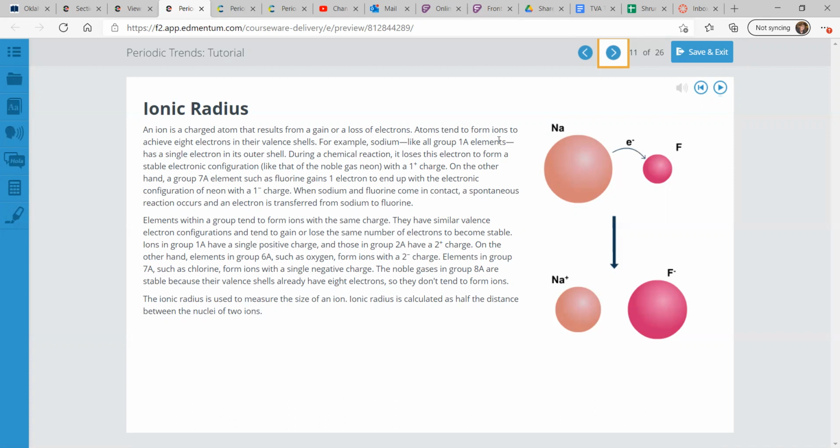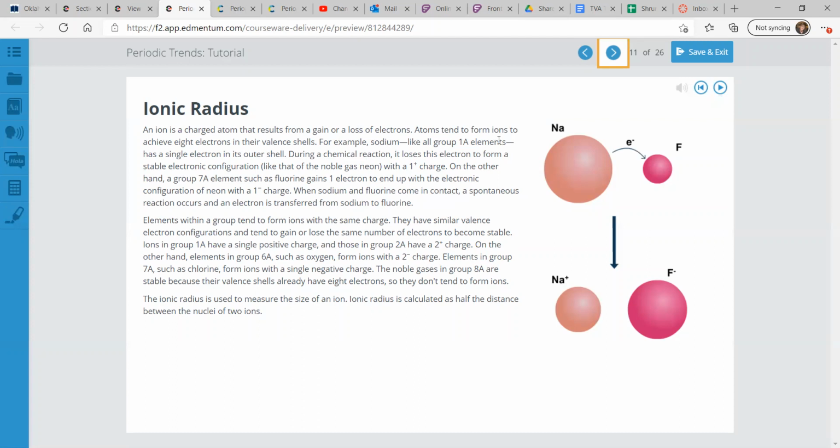On the other hand, a group 7A element, such as fluorine, gains 1 electron to end up with the electronic configuration of neon with a -1 charge. When sodium and fluorine come in contact, a spontaneous reaction occurs, and an electron is transferred from sodium to fluorine.